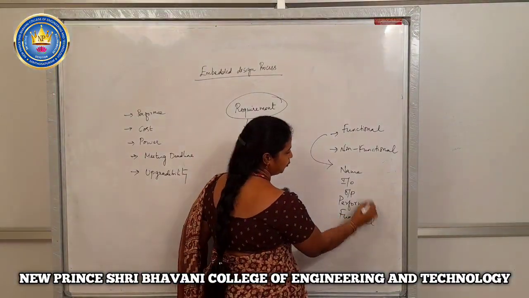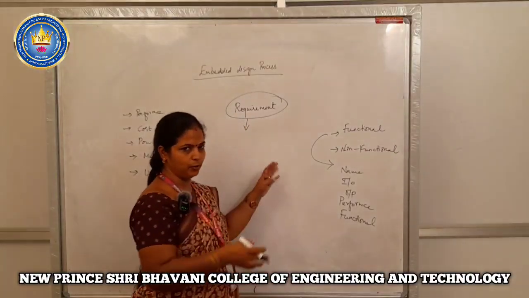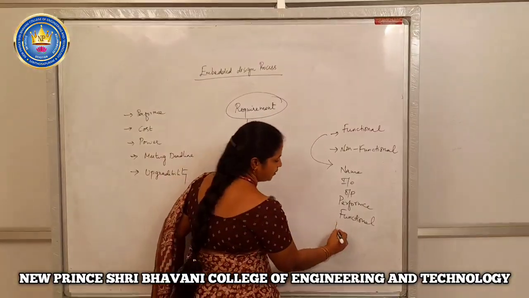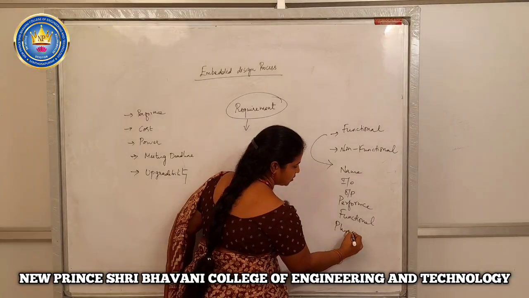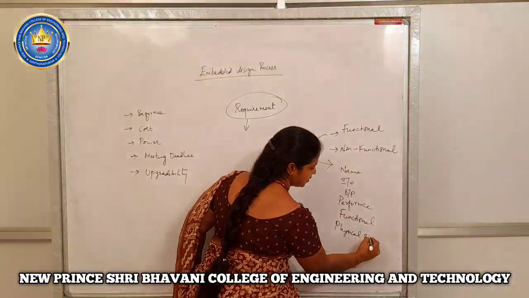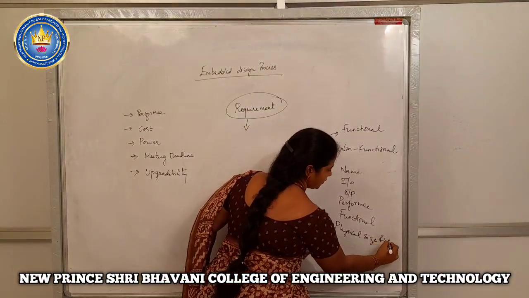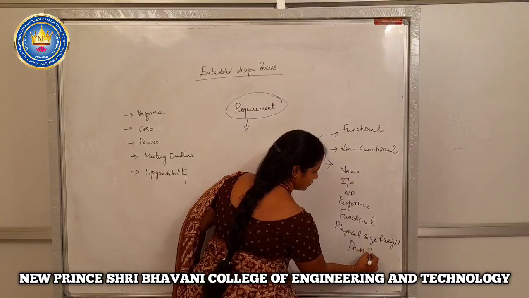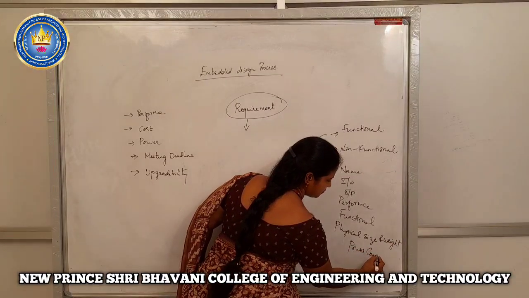You can put it as a table and list out what the functional requirements are. And the physical size and weight, and the power consumption.